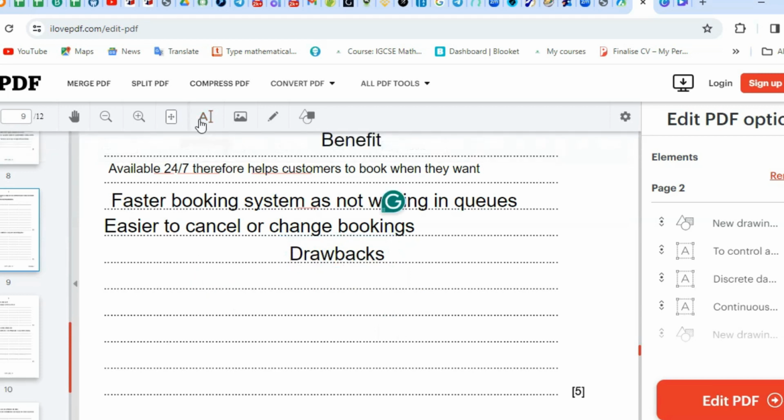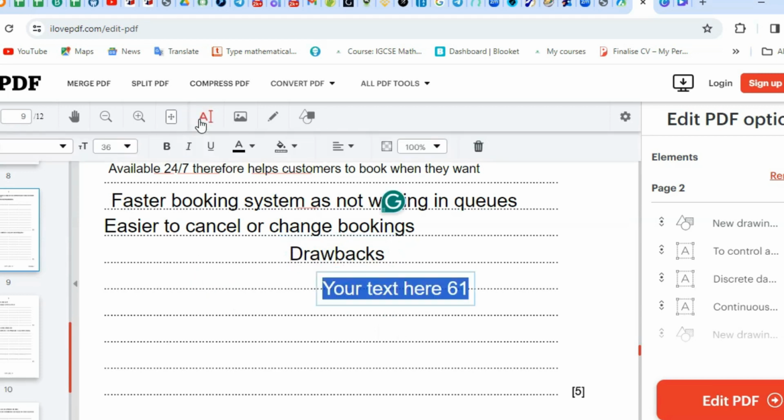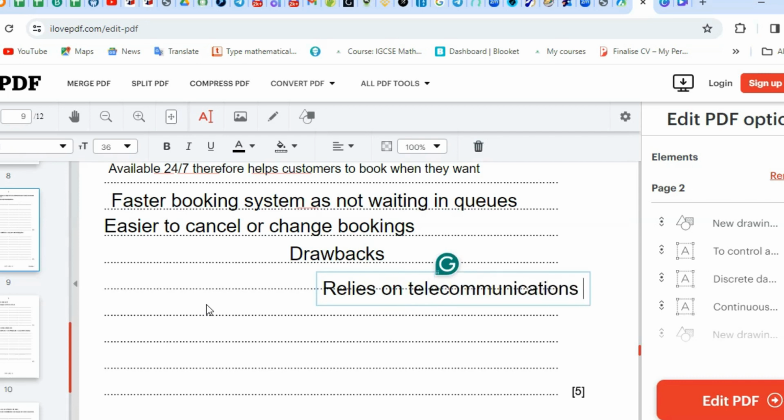So you rely on telecommunications to make the booking.